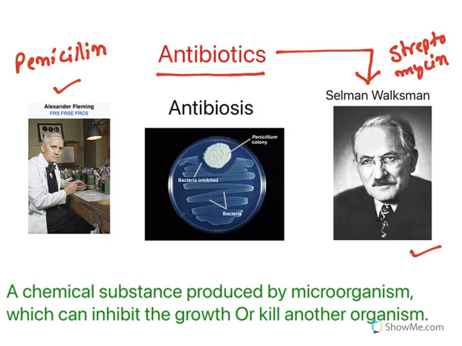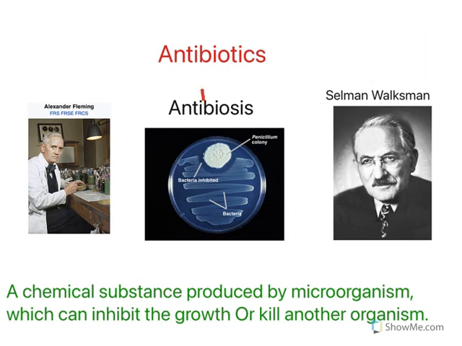Now let us understand the concept of antibiosis. The word antibiotic is derived from antibiosis. Understand this word antibiosis: bio means living organisms, anti means fighting with each other. What does it mean? Understand this experiment of Alexander Fleming.